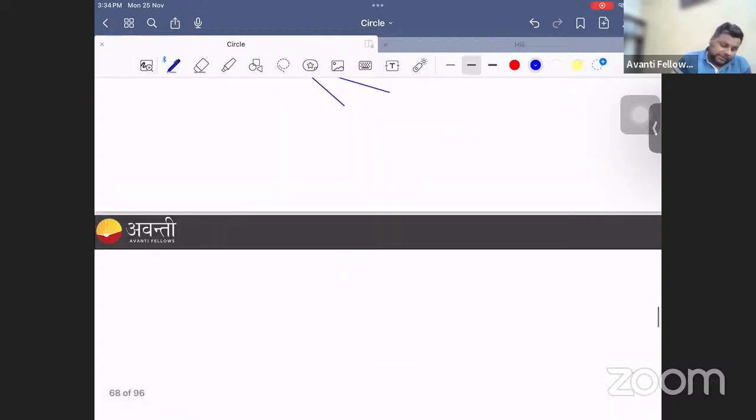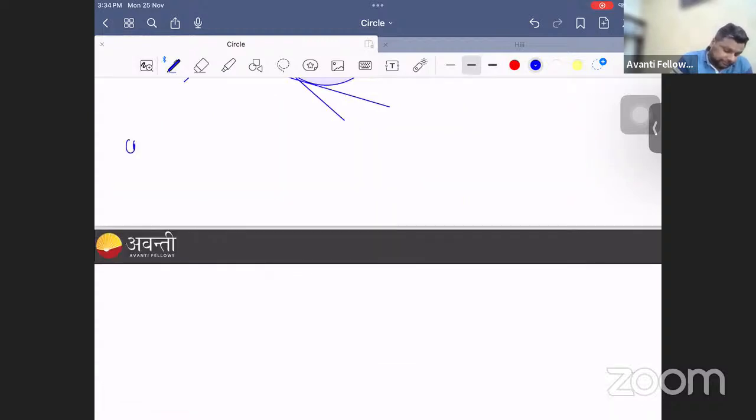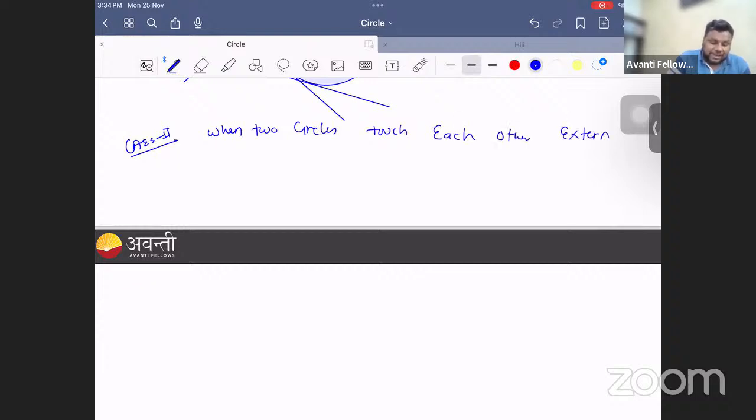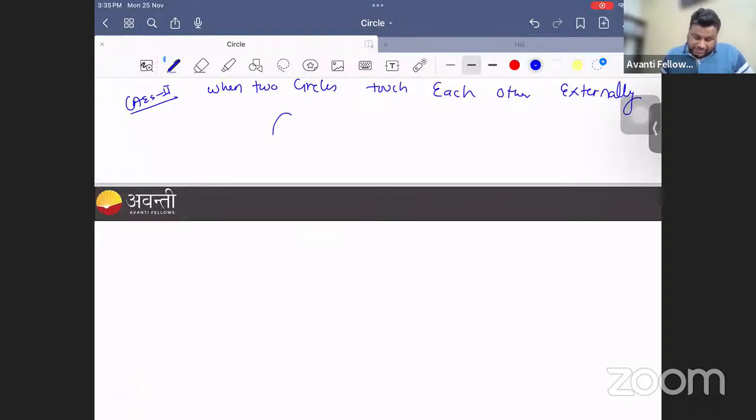So this was case one. Case two: when two circles touch each other externally. One case is this and the other case is this.